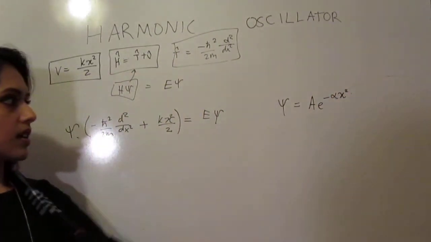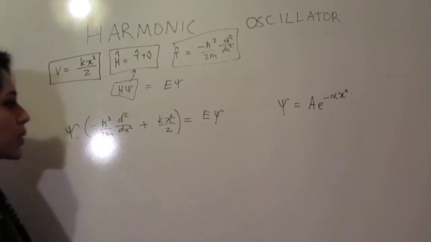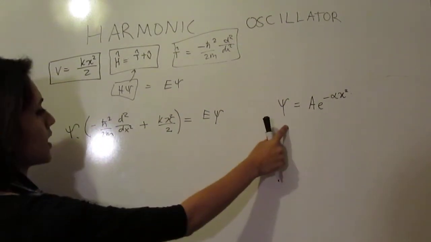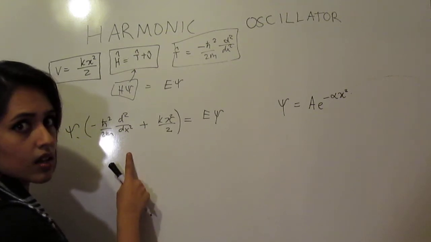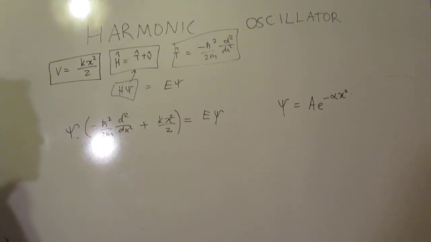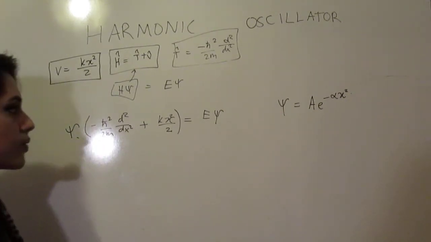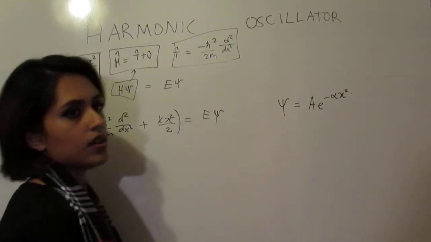Okay, this is going to be my trial wave function, and we need to use this and plug it into here. So we need to find the derivative of the wave function.